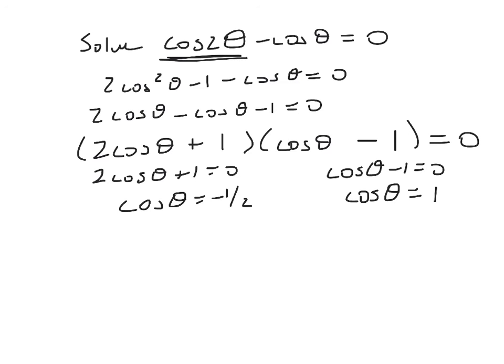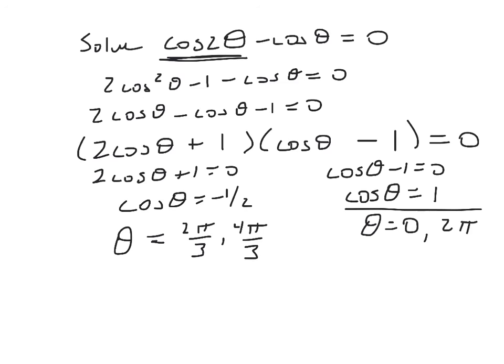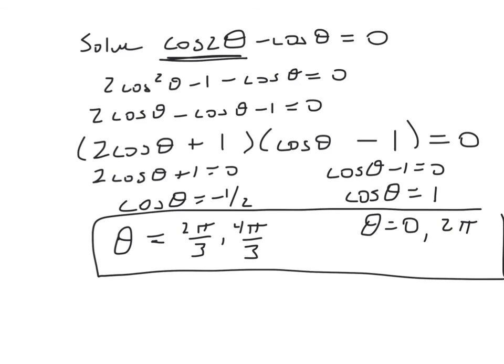And then I can go to my trig table and find out that cosine is equal to negative 1/2 at 2 pi over 3 and at 4 pi over 3, and cosine is equal to 1 at 0 and at 2 pi. So those would be my 4 answers for that question.